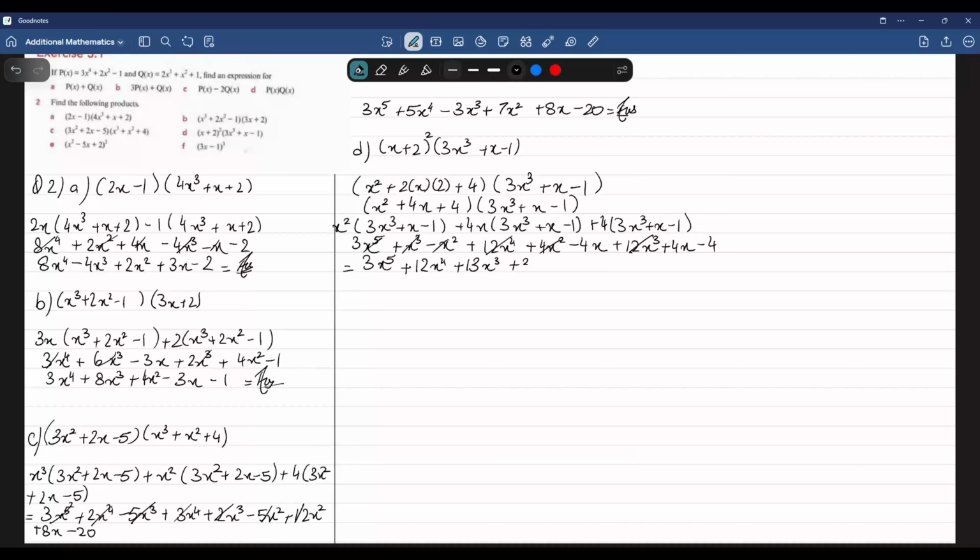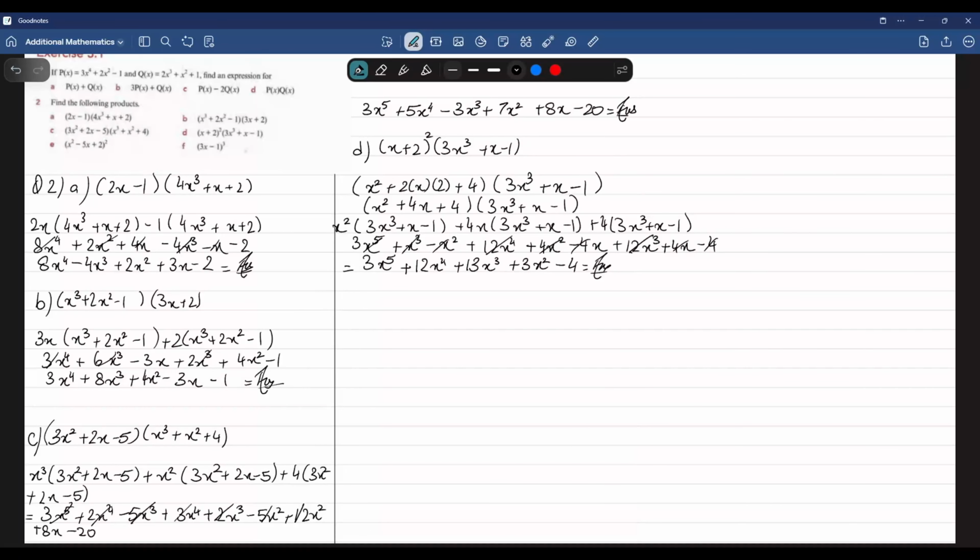And then we have negative 4x plus 4x, which would be 0, so not writing it here. So negative 4, and that is your answer. Your answer is 3x raised to the power 5 plus 12x raised to the power 4 plus 13x cubed plus 3x squared minus 4.